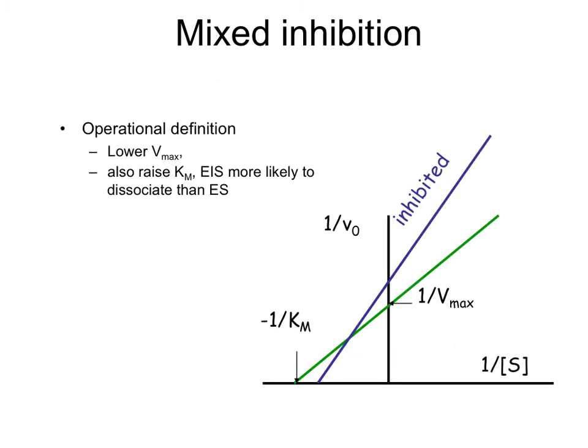And in this case, when you have mixed inhibition, here's again your regular enzyme, but now you're going to have both the Vmax and the Km changed. So in this case, you're lowering the Vmax and raising the Km.